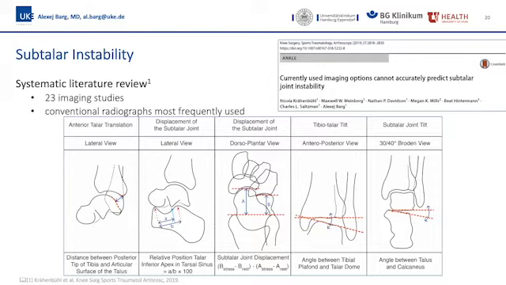And this is a systematic literature review which has been performed by Nicola Kreinbill, who is now head of foot and ankle department at the University of Basel, where I worked a couple of years ago. He came for 1 year to Utah for a research fellowship, and he went through 23 imaging studies, and those are typical measurements, and mostly conventional radiographs were used to measure the instability.